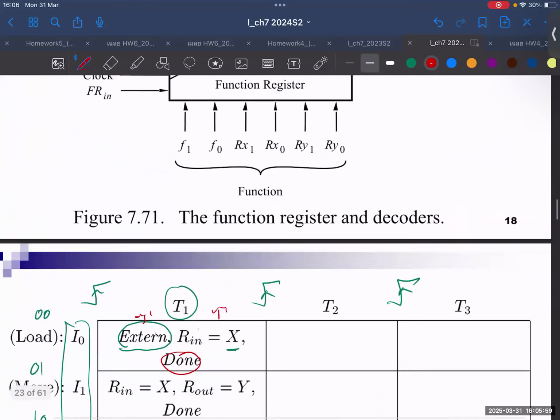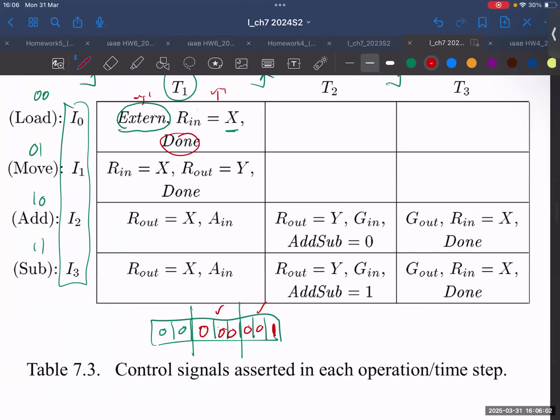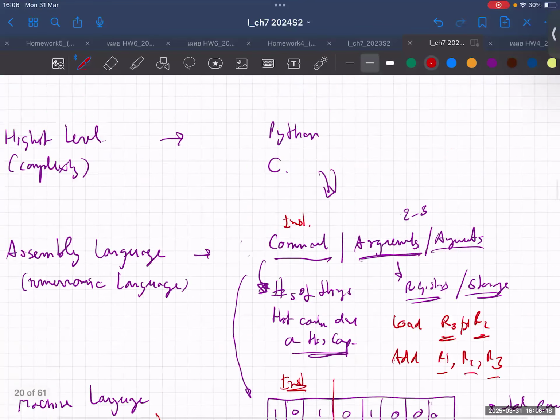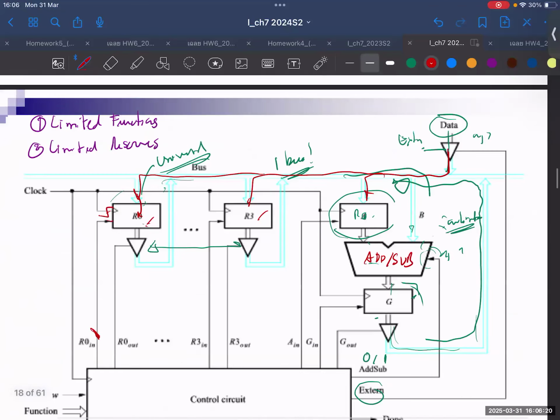For example, if you want to add, you have to think about the sub operations that you need to do, right? First, you have to move the R1 to what? To X. For example, first step, you need to move, for example, R0.